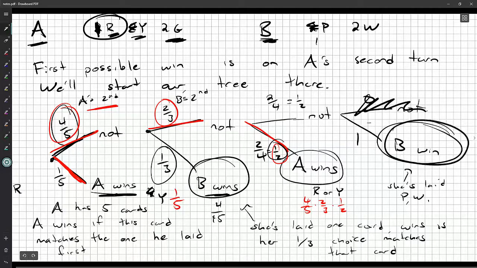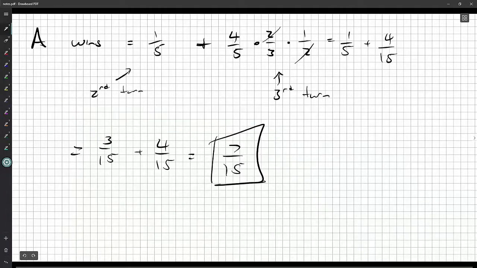What are the chances she wins here? 4/5, 2/3 times 1/2 times 1 is another 4/15, and that would add up to the remaining 8/15 to complement this 7/15. So I'm happy that the math has worked out. Okay, and so assuming our tree has been drawn correctly and explained properly, we're good to go.